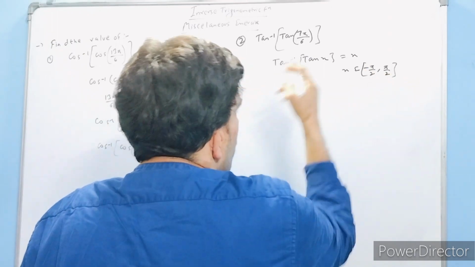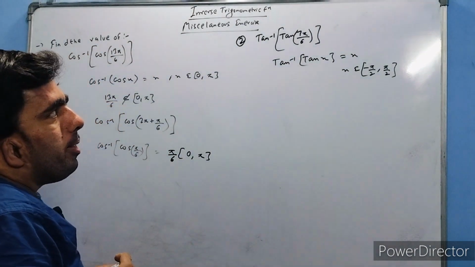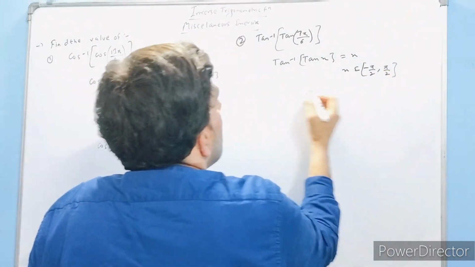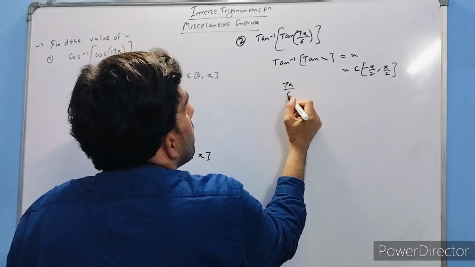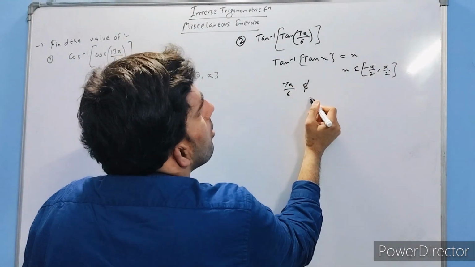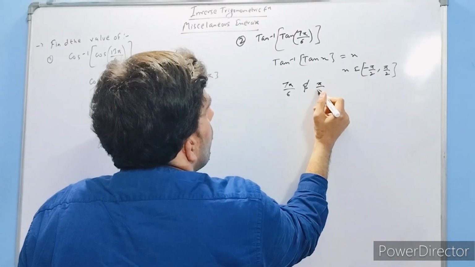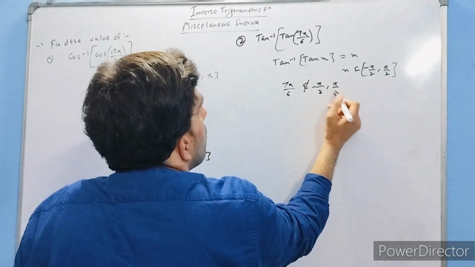But this value is 210 degrees, which is more than 90. So 7 pi by 6 does not belong to minus pi upon 2 to pi upon 2.